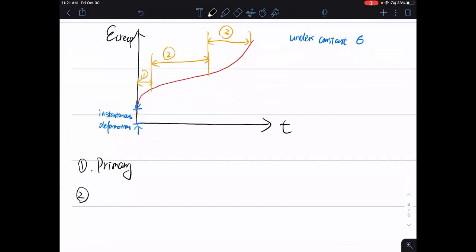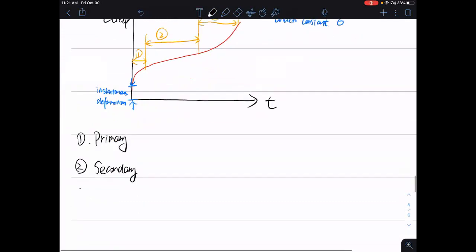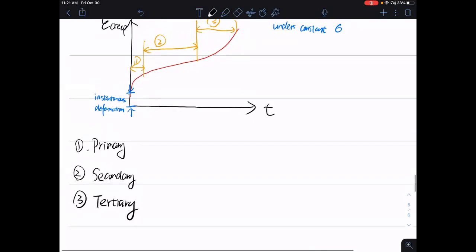Region 2 has a name too, it's called secondary. And region 3, it's called, I couldn't pronounce, tertiary, T-E-R-T-I-A-R-Y. Tertiary, is that how you pronounce that? Okay. Yeah.